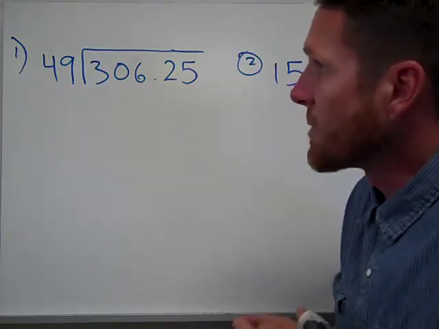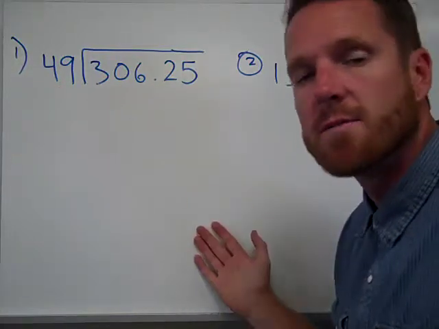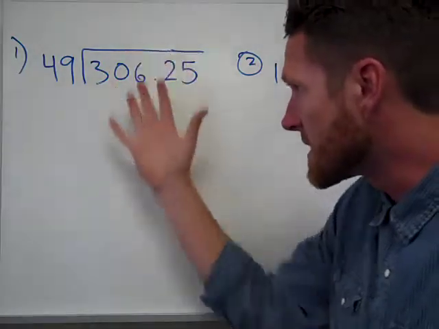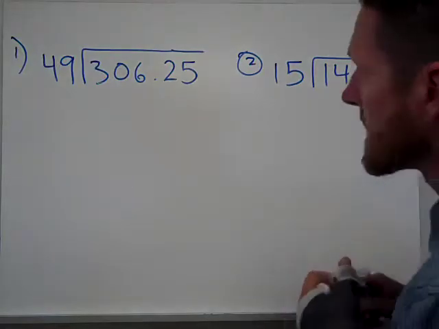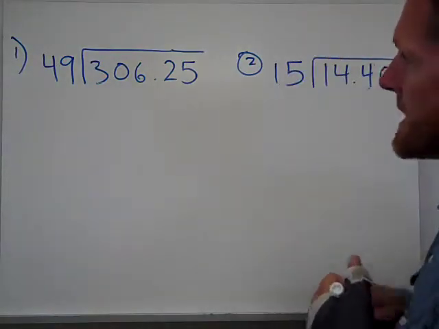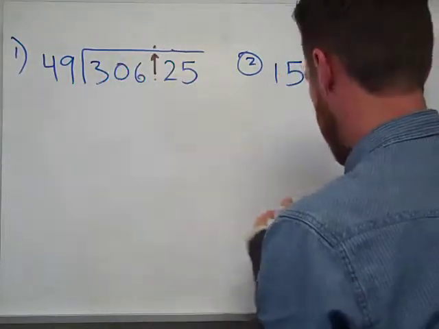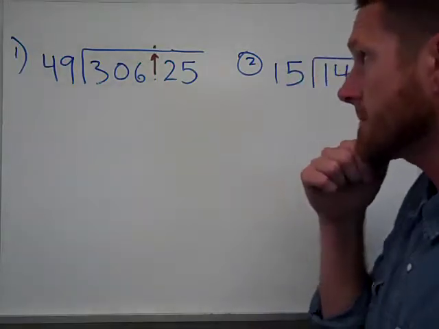Even though we're dealing with decimals, as long as we have a whole number out here, we just do the division the same as we would do in whole numbers. The only thing different, like I said for the last one, is this decimal point. All you have to do is bring it straight up, and then you do the division.